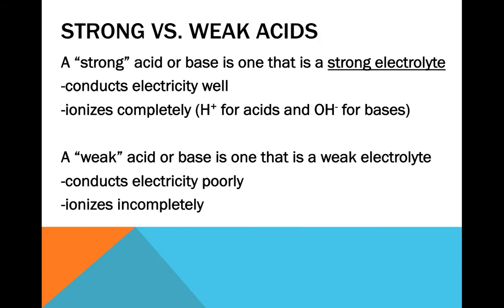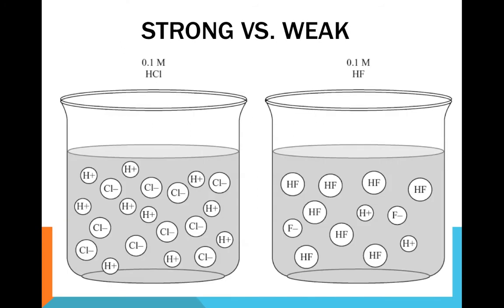So here's an example. Here are two beakers, one with hydrochloric acid and one with hydrofluoric acid. They both have the same concentration of 0.1 molar, but if you notice, in the hydrochloric acid, every single molecule is split. There's no HCl that's still together.